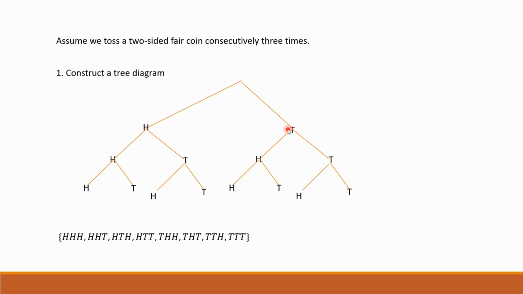Toss the coin again, you can get heads or tails. So if we get heads on the first one, then the coin could land heads up or tails up the second time. And either way, when we toss it a third time, it's going to land heads up or tails up. We can get all the outcomes here. In other words, we can get the sample space as I have down here.